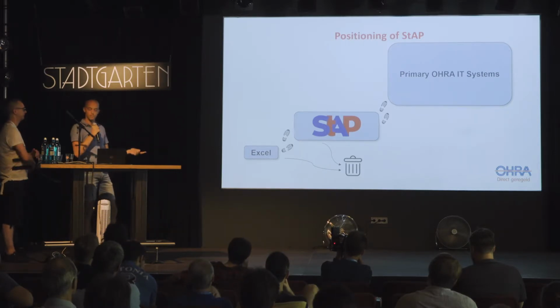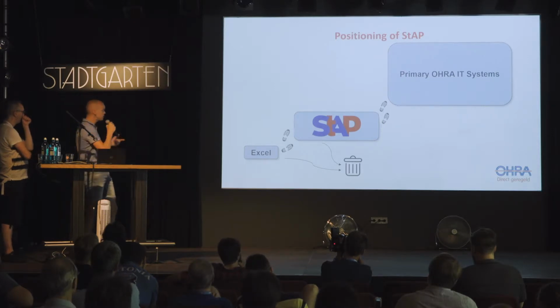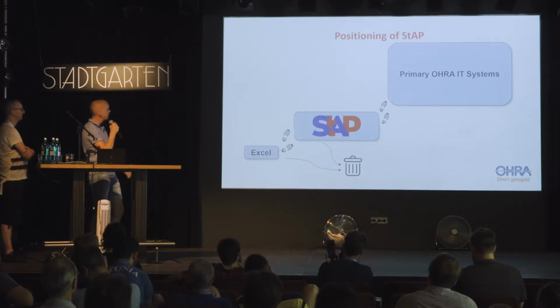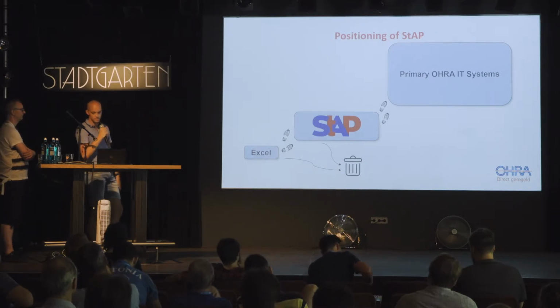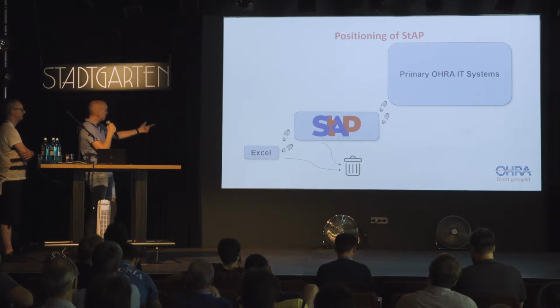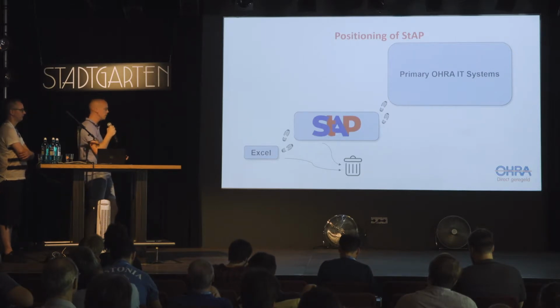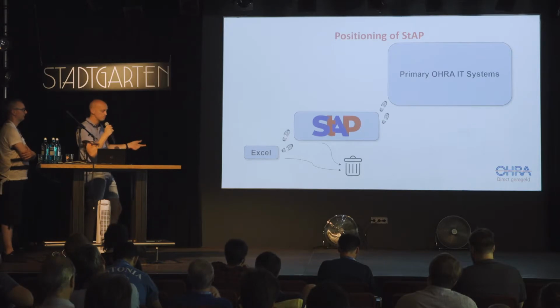As I told you, it's so expensive, and we needed something in between, and that's the position of StAP. You see the same here. When a new product or experiment fails, we can dispose of it.